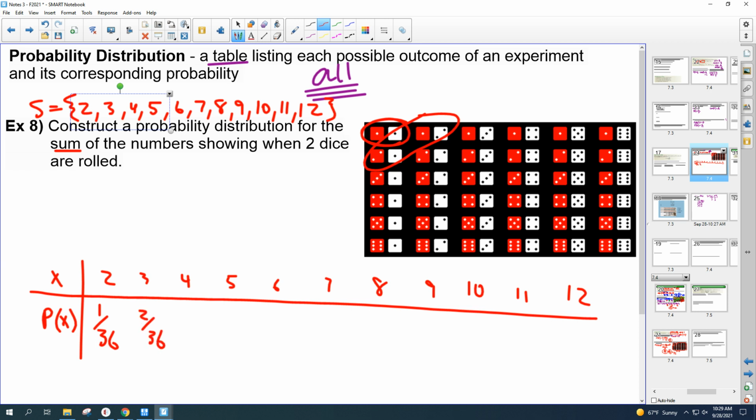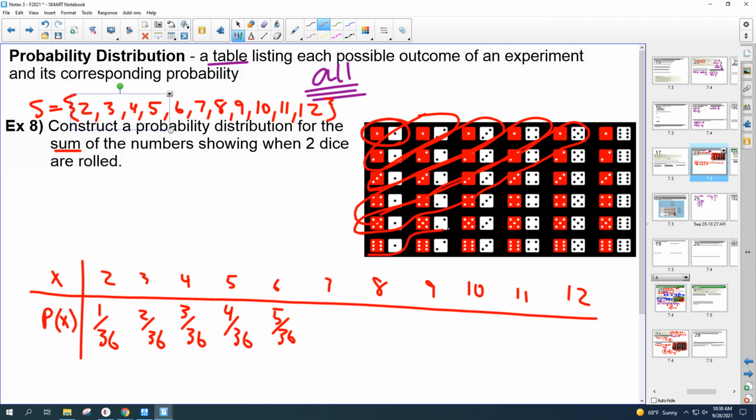And I'm not worried about reducing fractions here. Probability of rolling 4. Well, that's these 3 right here. 3 out of 36. Probability of rolling 5. It's these 4 out of 36. 6. Whoa, where are we at here? How many is that? 5? 5 out of 36.